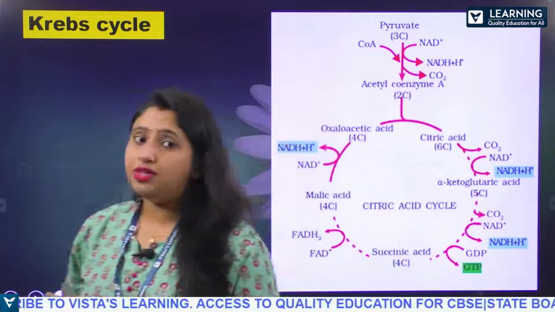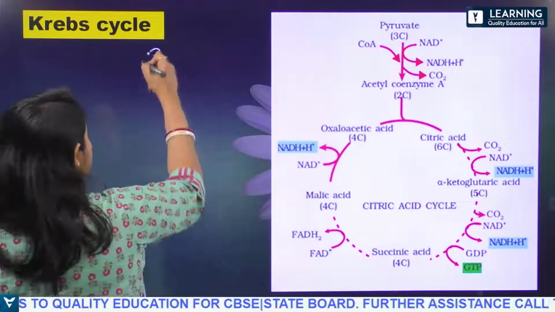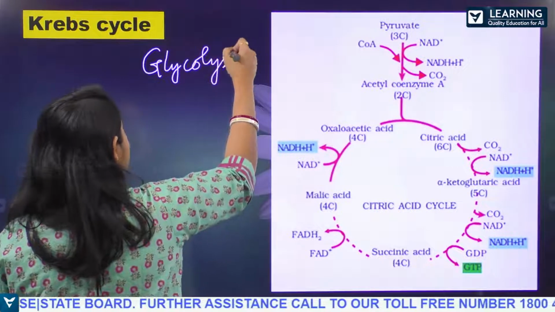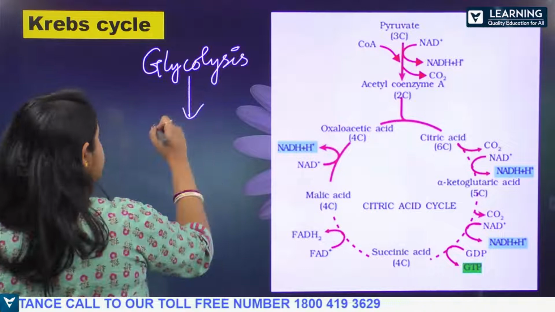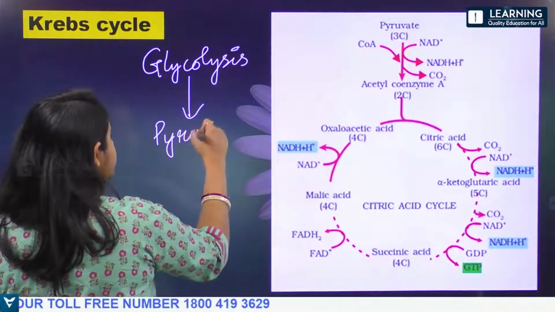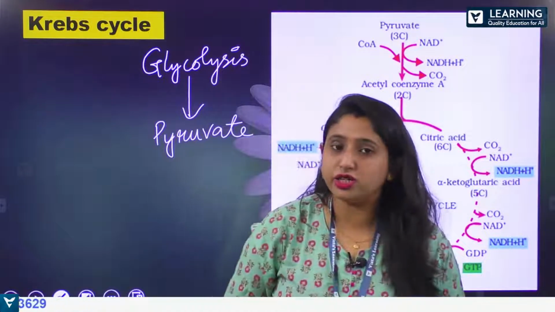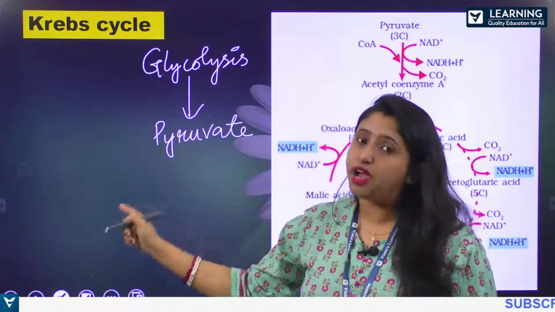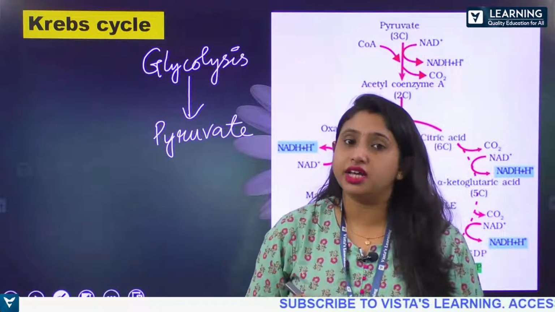Now see what happens in the Krebs cycle. Pyruvate, as you have seen in glycolysis, is the end product of glycolysis, right? In anaerobic respiration, this pyruvate also forms lactic acid, right?